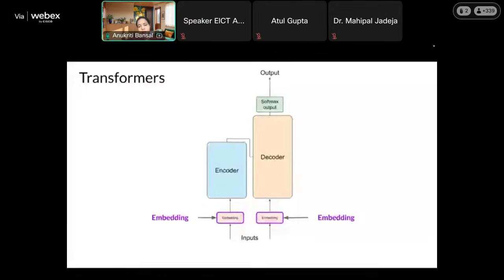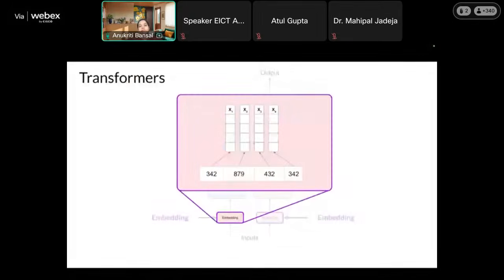In the original transformers paper, the length of these vector embeddings was 512. Okay, so I had these 4 words. I have assigned a number to each word, and then I'm representing each of these tokens in terms of a vector.